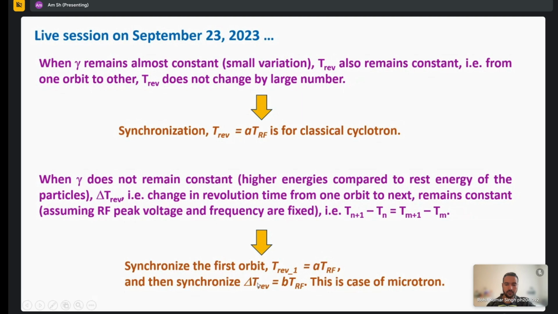And delta T is directly proportional to delta E. So delta T will also be a constant number. So this equation, delta T revolution equal to B T RF, where B is some integer multiple, will make all the orbits except the first synchronized. And this equation will make the first orbit synchronized: T revolution equal to A T RF.